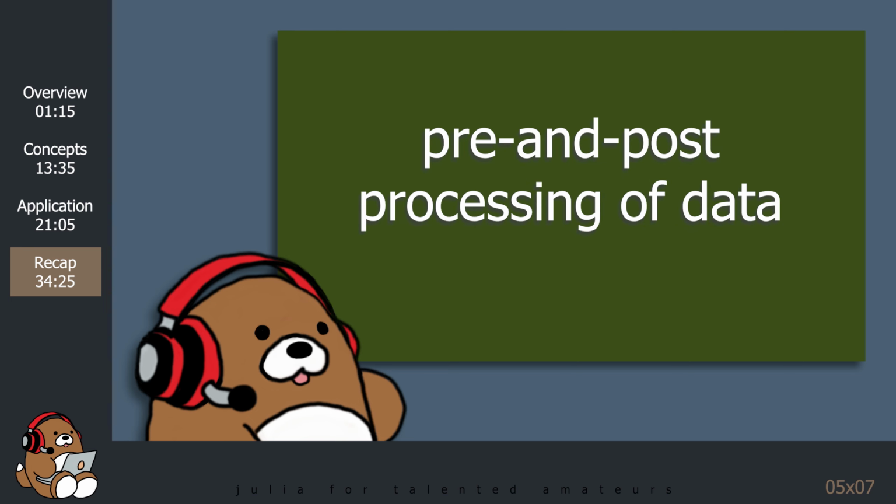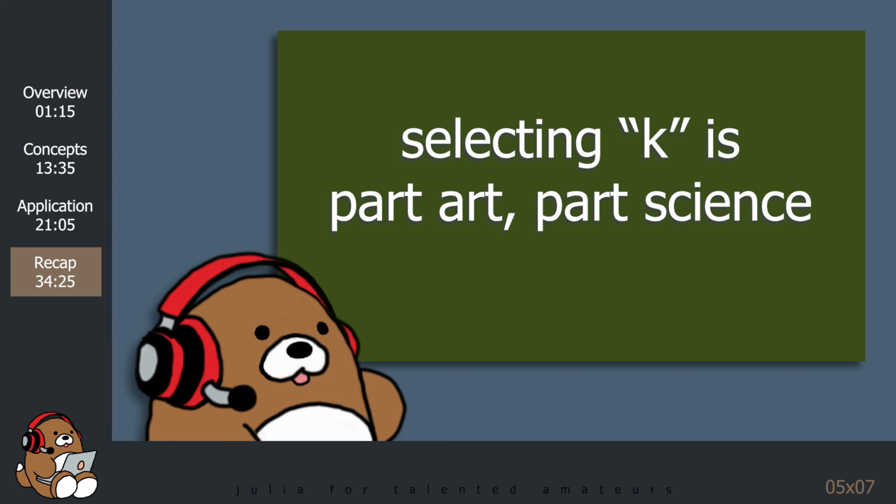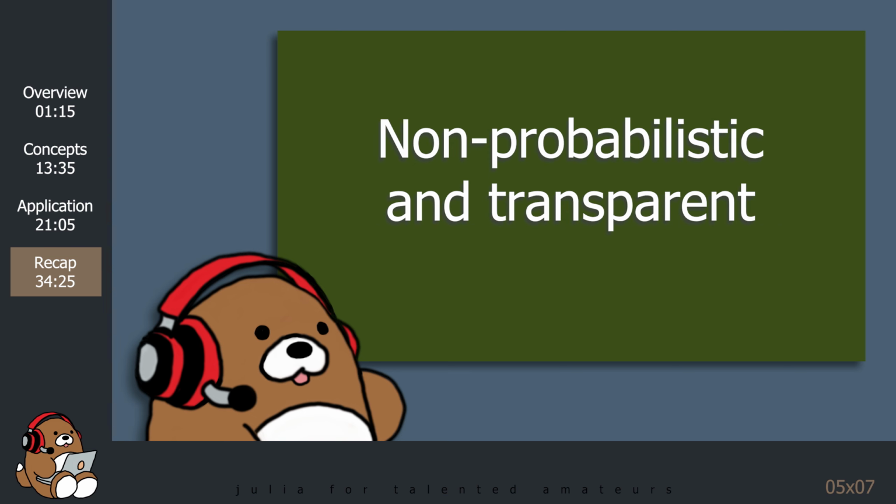Although our model generated some great results, it did require some pre-processing of data and some post-processing as well. We also learned that the KNN model is sensitive to the value selected for k, and there's no established science for how to select the optimal value. A couple of other notes about the KNN algorithm. It's non-probabilistic and it's very transparent, so it's easy to go through it to gain a better understanding of how it works.